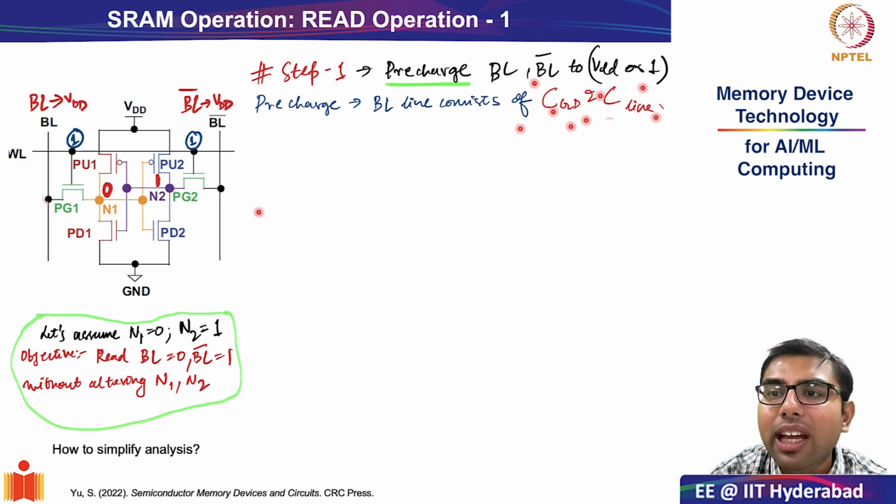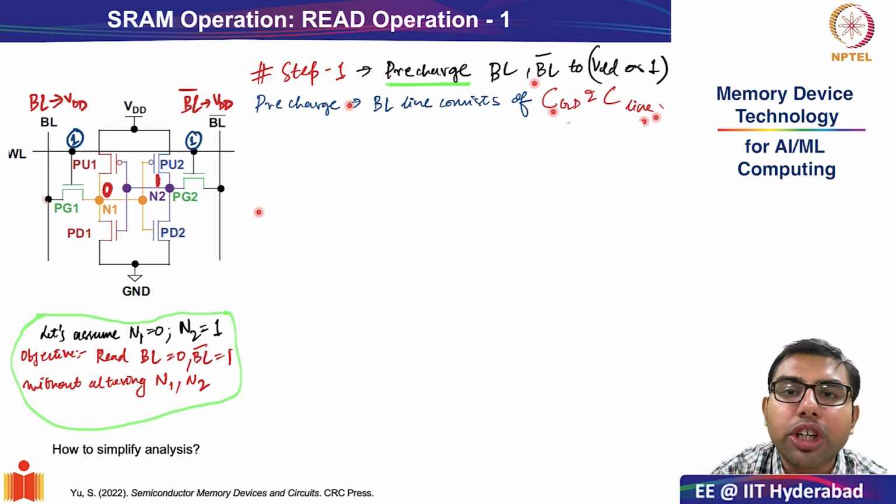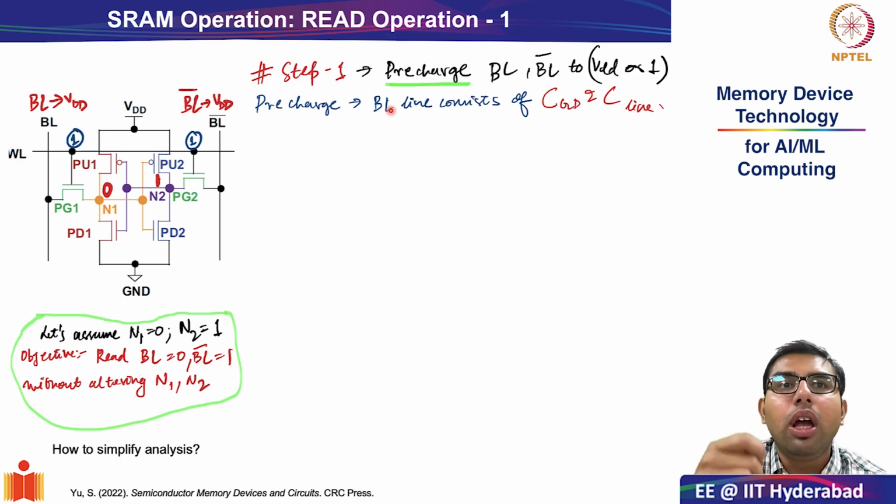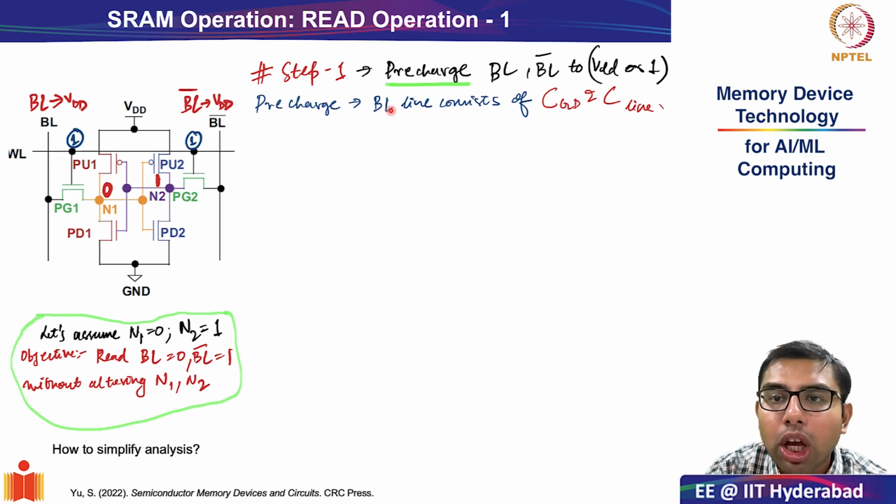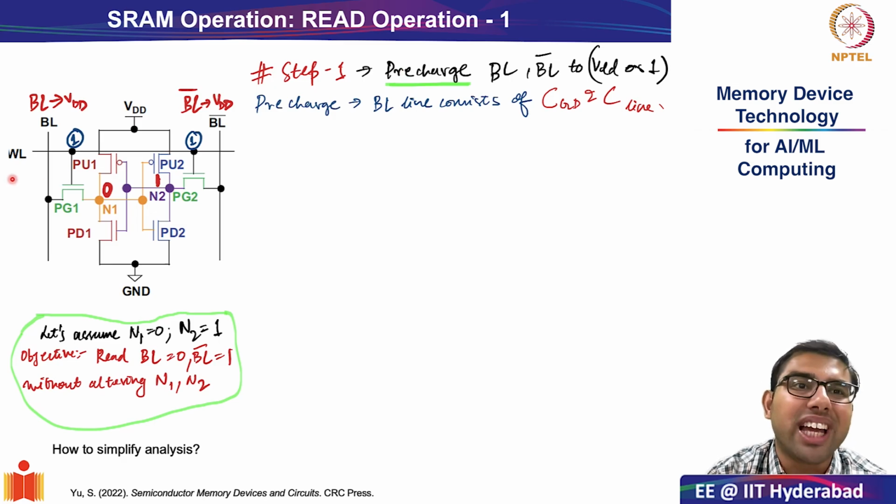Both CGD and C line will constitute CBL, the bit line capacitance. So the bit line will have a finite capacitance, and therefore the terminology charge: we are going to charge the bit line and bit line bar to VDD, and the terminology pre-charge comes from the fact that we have to do this before you turn on the word line, right?